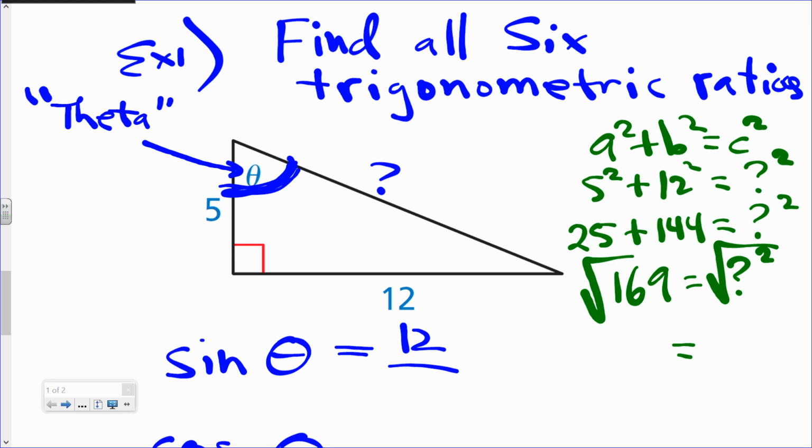That's 5 times 5. 12 times 12 is 144. Equals question mark squared. 25 plus 144 is 169 equals question mark squared. I take the square root of both sides to isolate the question mark, the unknown.